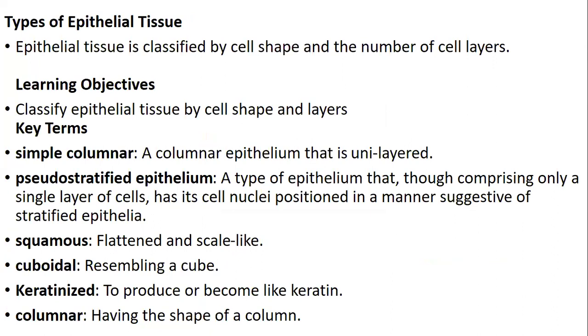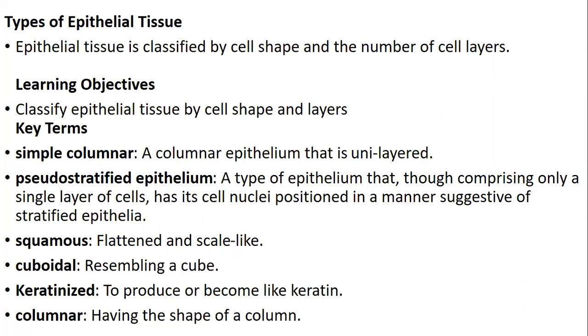So you are required to classify the epithelial tissue by shape and layers, and these are the key terms that we have some of them lined up. If you are to talk about their shape, we shall find the simple columnar cells, which are the columnar epithelium that are unilayered.